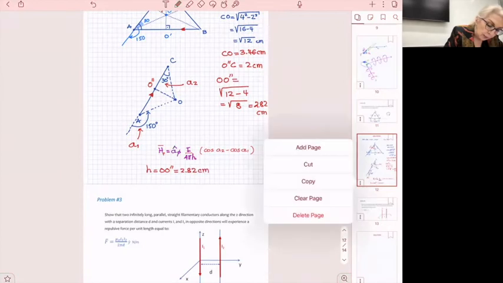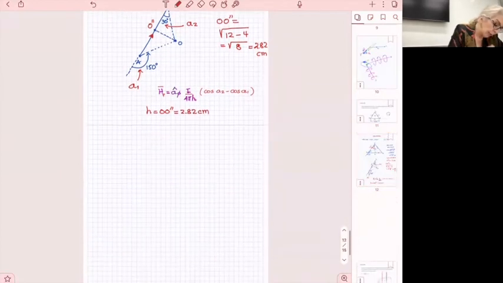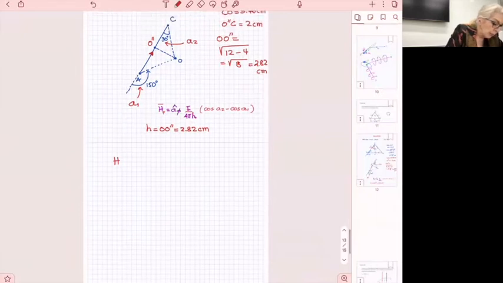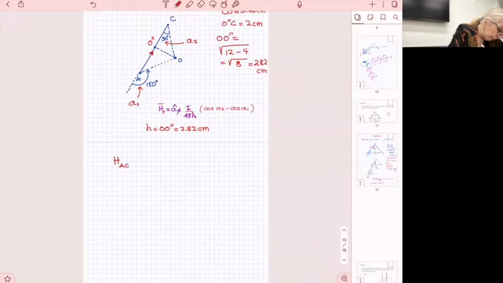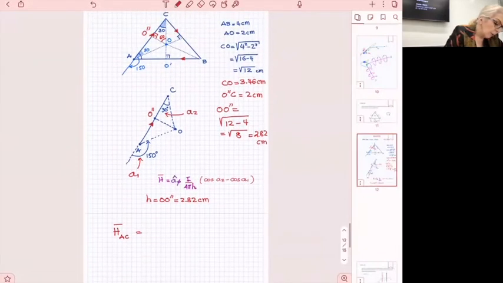So if I add one more page, what I have here is H from this AC side. It is going to be B sub 5, I will come to this.